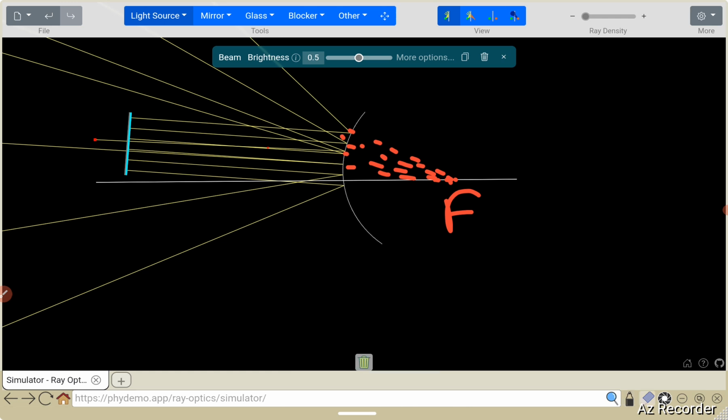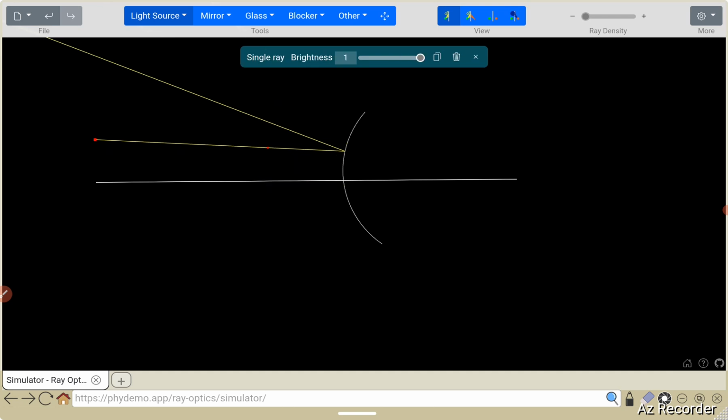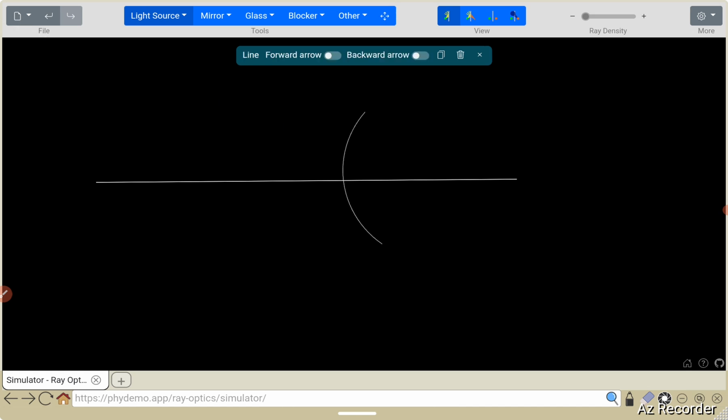let me take the second ray. I am just removing the beam. Okay, let me remove the beam. I have just one single light ray, but this also I am just removing because the incident ray I have taken parallel. Now what I will do is, let me just take one point, focus like this.